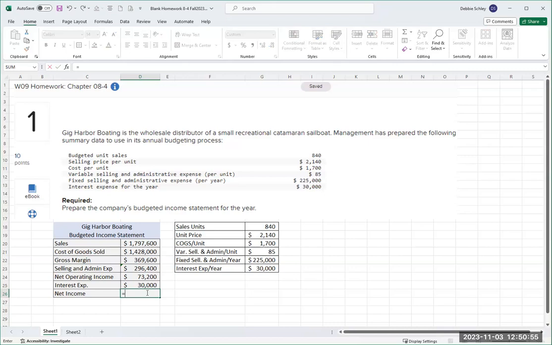And then I take my net operating income minus my interest expense, which gives me my net income of 43,200. Okay, so that was fairly simple, just filling things in and making sure that you do the variable and the fixed for the selling and administrative expense.